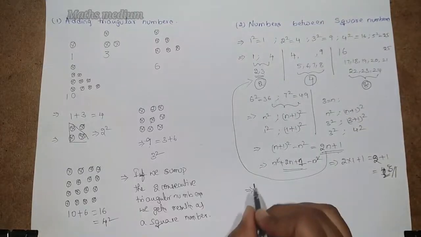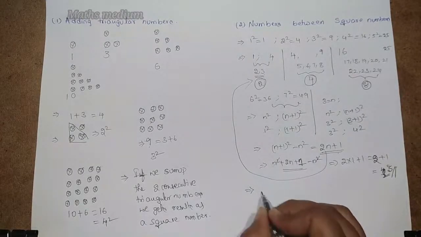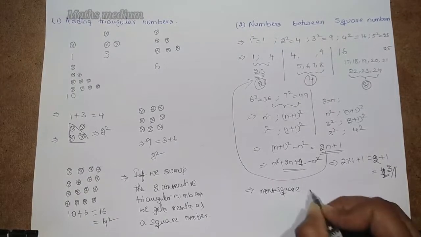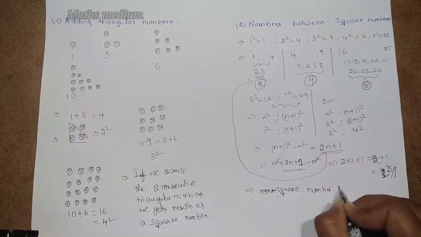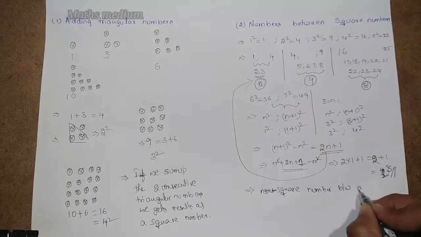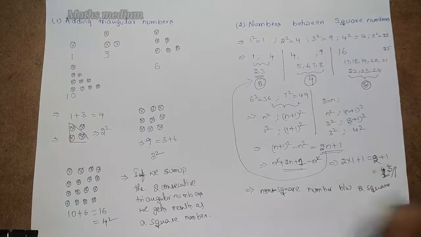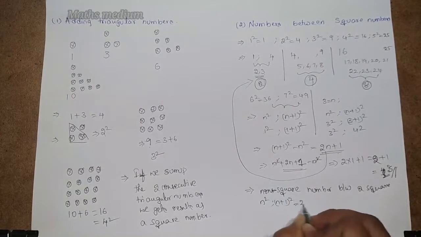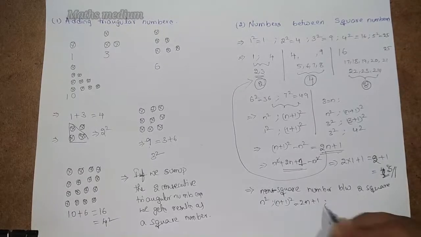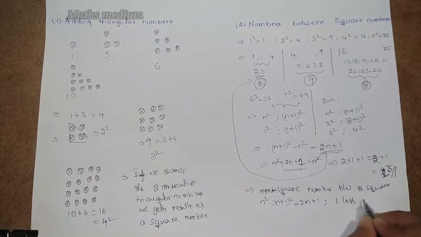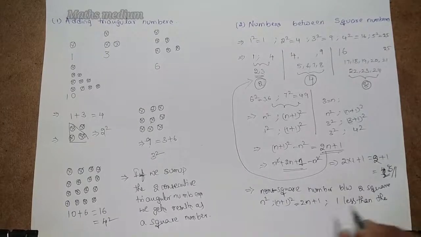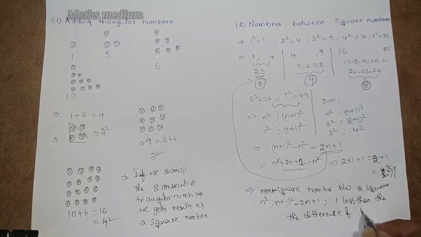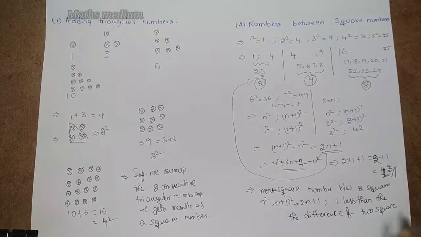That is the trick to know: the non-square numbers between two square numbers, that means between n square and n plus 1 square, we get 2n plus 1, but it is 1 less than the difference of two squares. I will explain clearly.